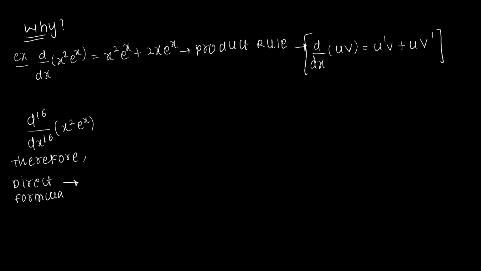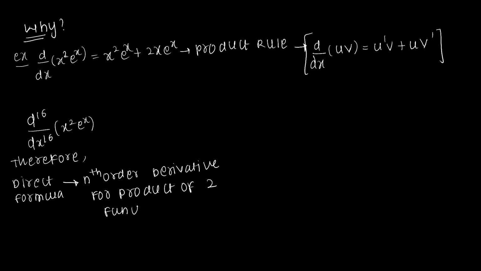The requirement is that this direct formula should provide us the nth order derivative for the product of two functions. This is given by a theorem which is called Leibniz theorem.